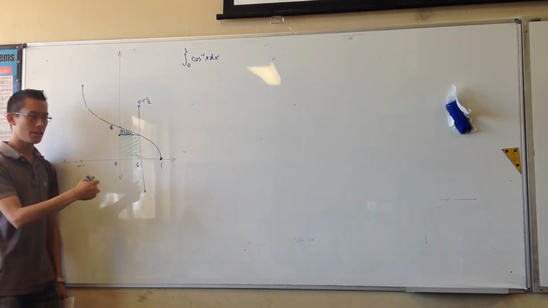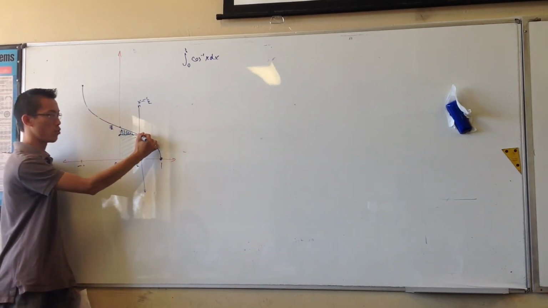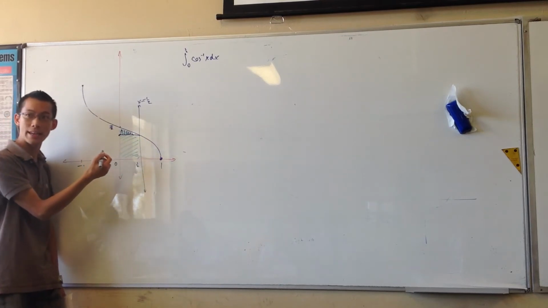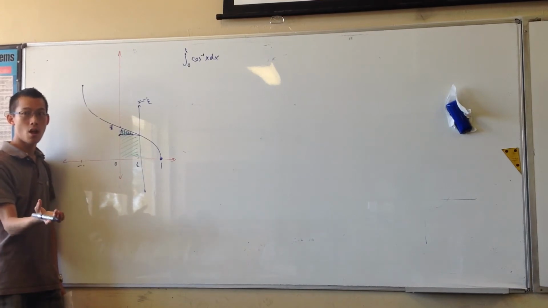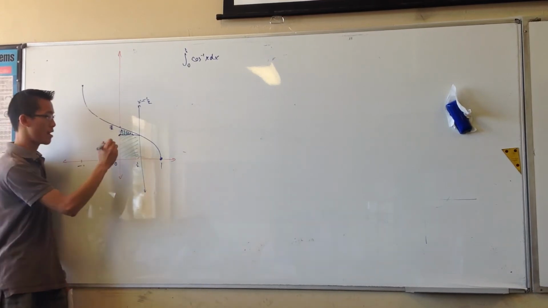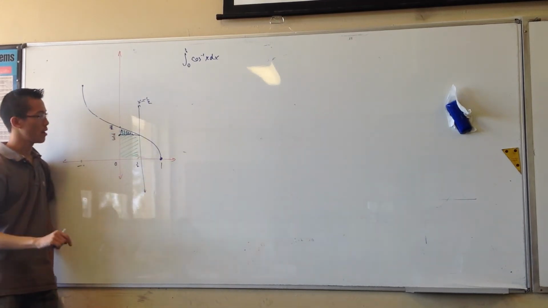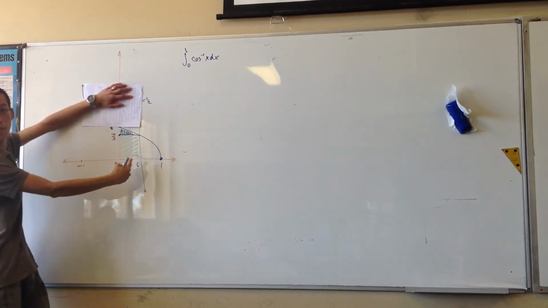This is cos inverse of a half, right? Because the x value is a half, so therefore this coordinate here should be cos inverse of a half. What's cos inverse of a half? What angle do I need? I take the cosine of it and I get a half. Answer? Pi on 3, right? Okay, now one more question. I'm thinking about this like sine, because when I look at it sideways, I want the first part of sine.